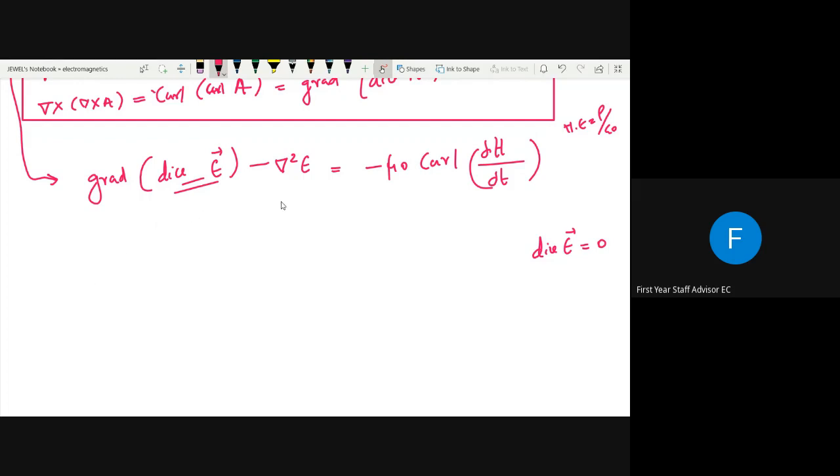So we can rearrange this equation, and this term will become 0.